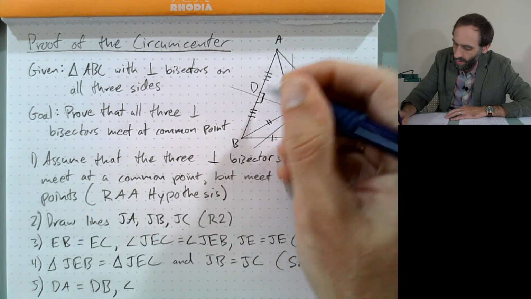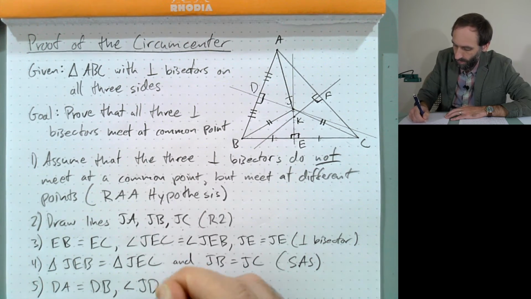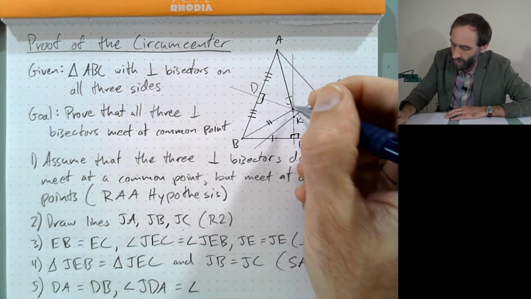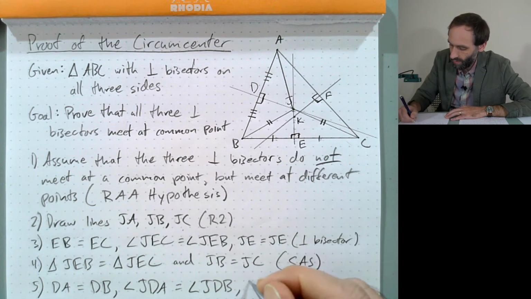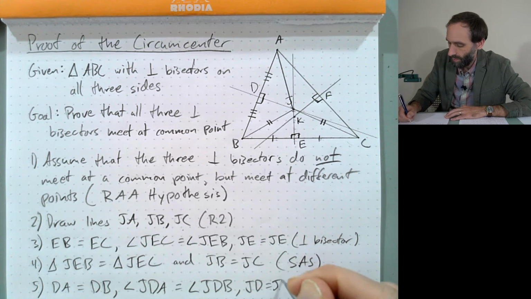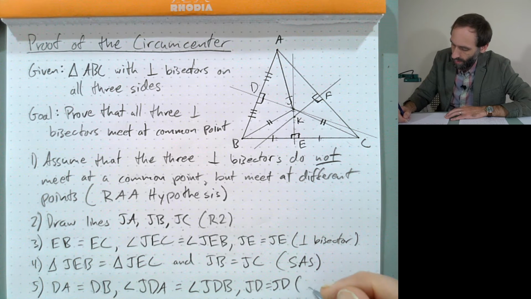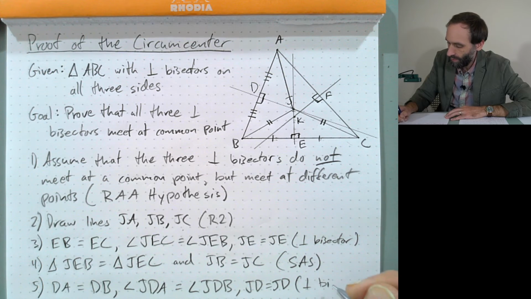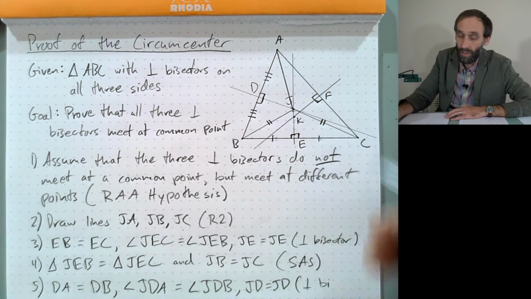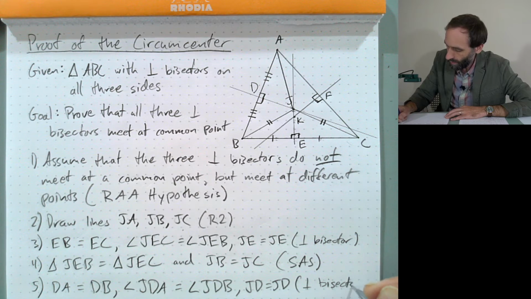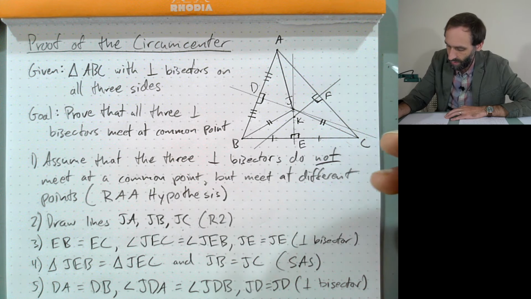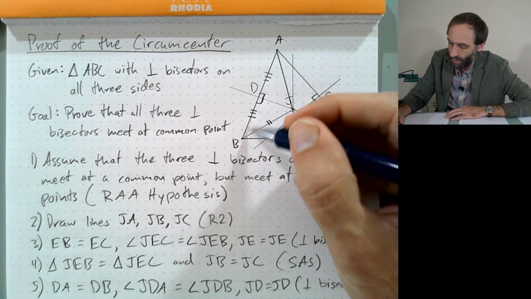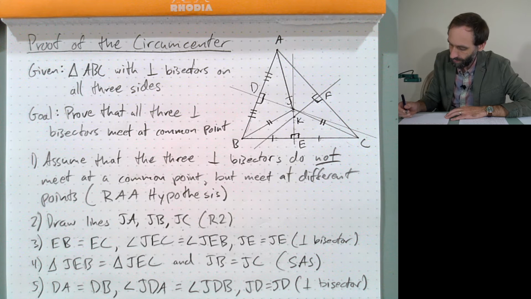Then angle JDA is equal to angle JDB. And finally, JD is equal to itself. Once again, this is because this line is a perpendicular bisector. Since it's a perpendicular bisector, these are both right angles. And since it's a perpendicular bisector, this length is equal to that length.